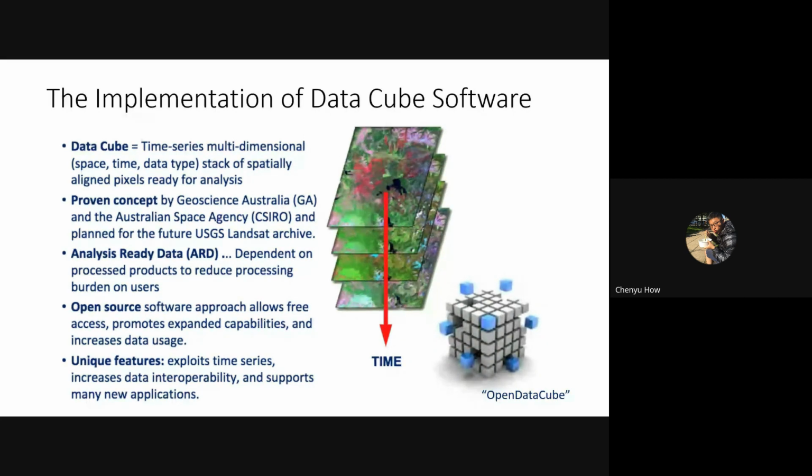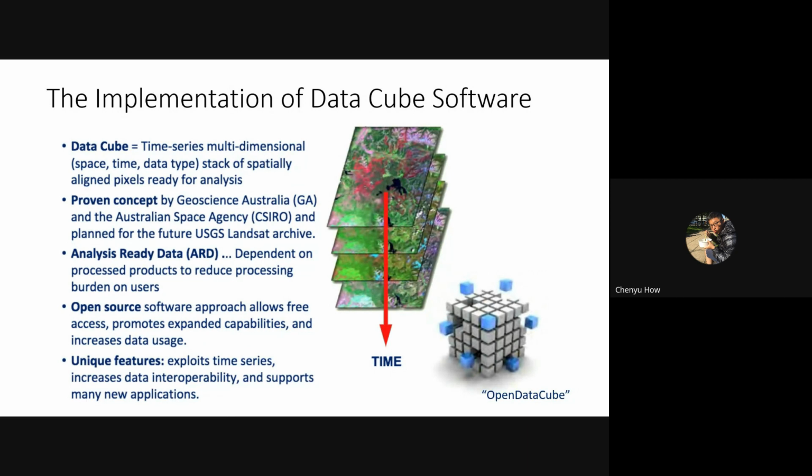And second, the software should offer a wealth of analysis-ready data, which means when analyzing, they don't need to spend a lot of time on pre-processing work like the radiation correction and the geometry corrections.